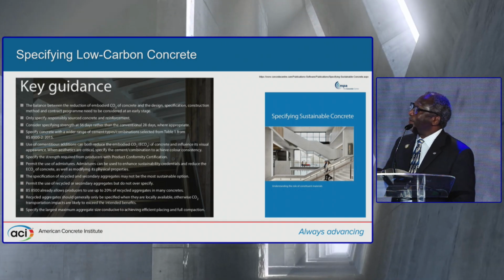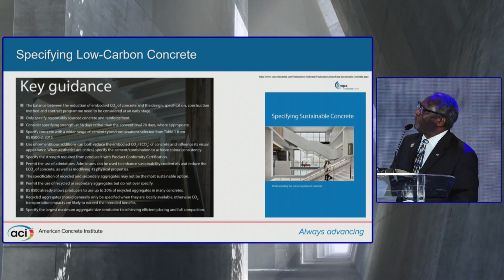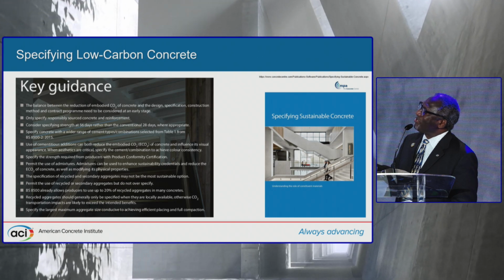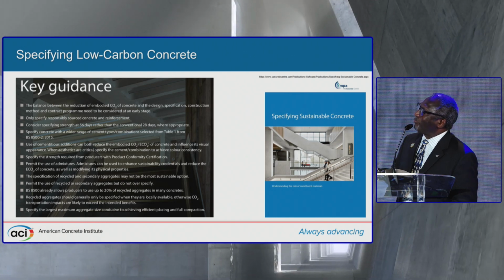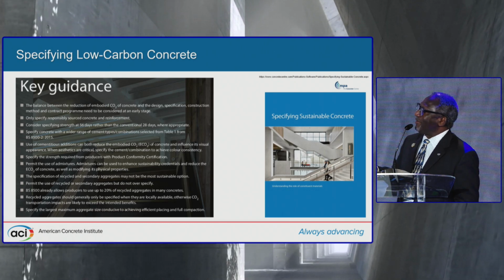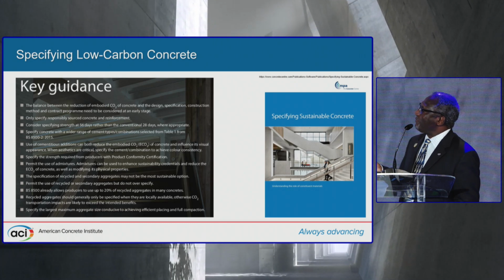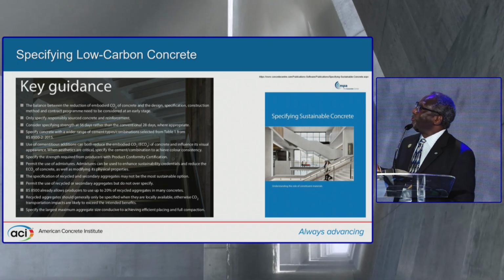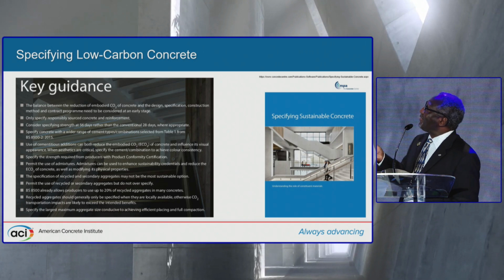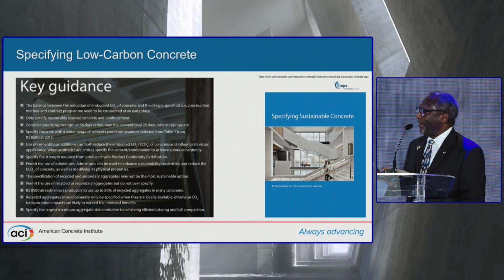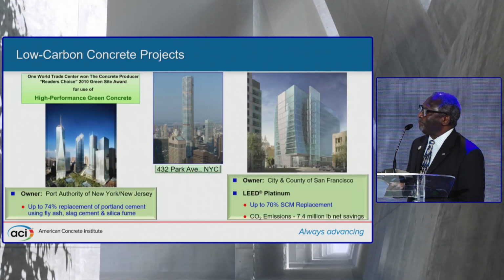Things such as having a balance between the reduction of embodied CO2 and the design, specification, construction method, and contract programs that need to be done at the early stage. So these are some of the guidelines that they have in this particular booklet. So I would recommend that you just Google it, specifying sustainable concrete from the Concrete Center, and get a copy of it. It's got some very useful information in there.